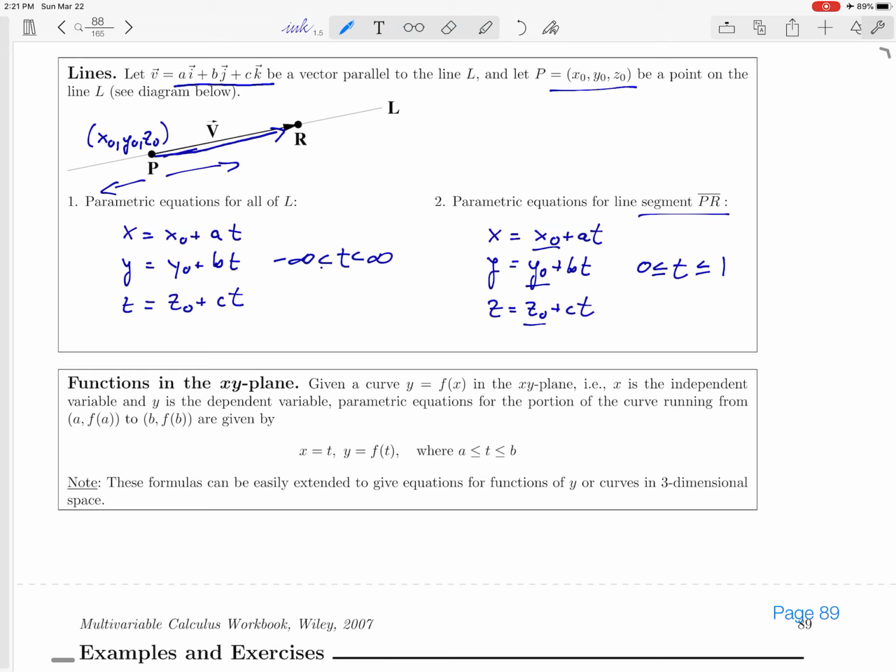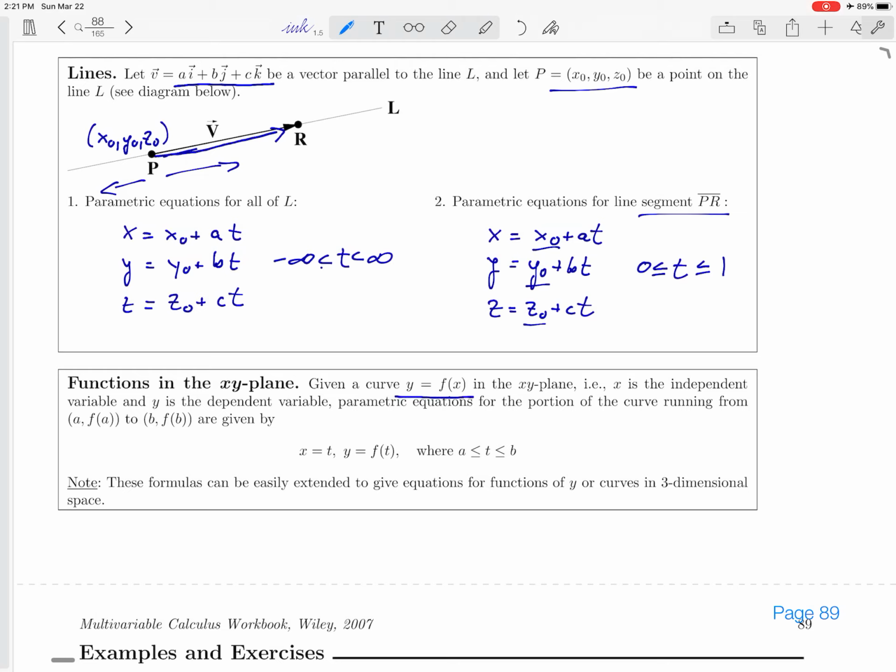For functions in the xy plane, we can also generalize how to describe the curve of a function. And this is a generalization of the two parabolas that we've seen in examples 3 and 4.